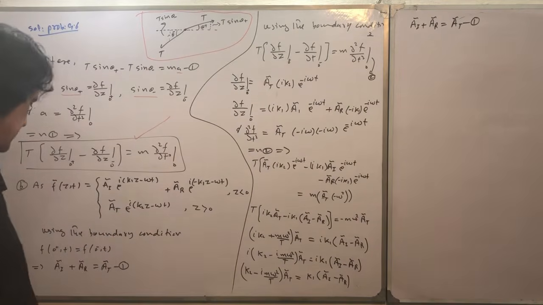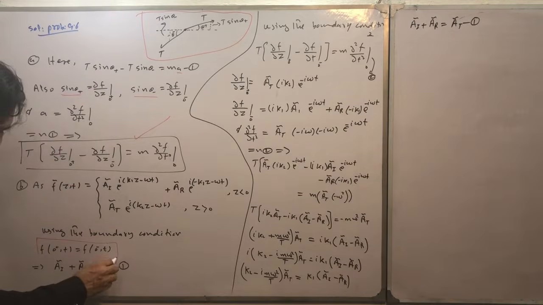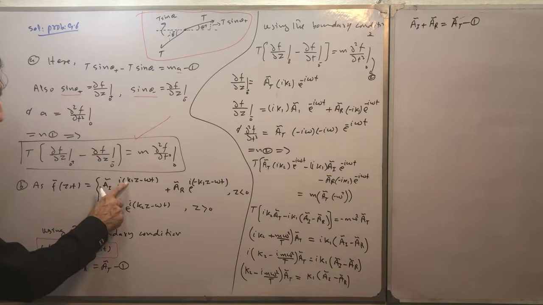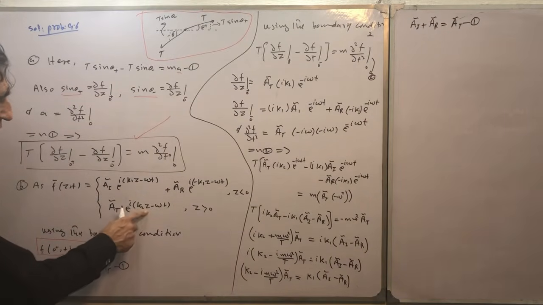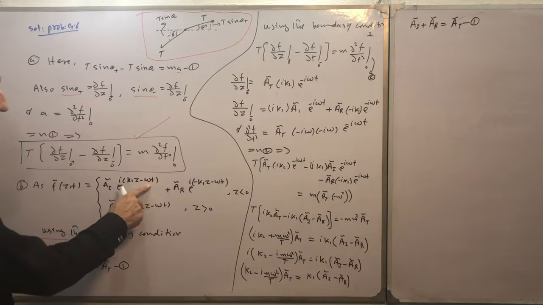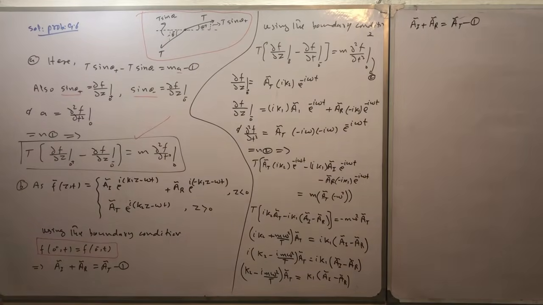We know about this. Using the first boundary condition, if we apply it at z equals 0, we will have the exponential minus iota omega t here, here, and here. These terms will cancel with each other, and we will get equation 1, ai plus ar, which is equal to at.